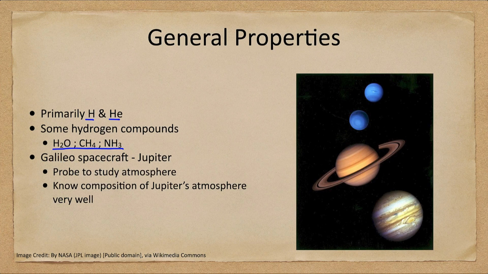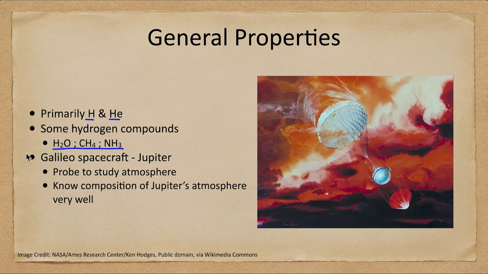And we had the Galileo spacecraft that visited Jupiter and sent a probe into its atmosphere, which is the one chance that we have to actually learn something about the atmosphere. So for at least that part of Jupiter's atmosphere, we have a pretty good idea of things like the composition of the atmosphere.